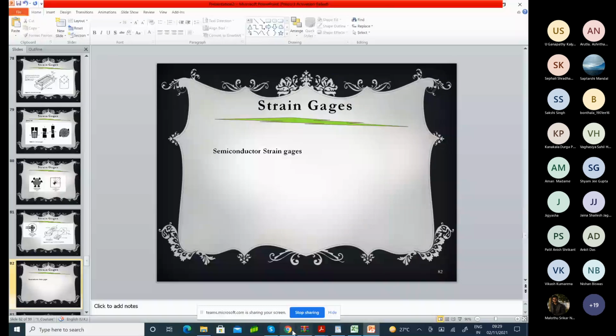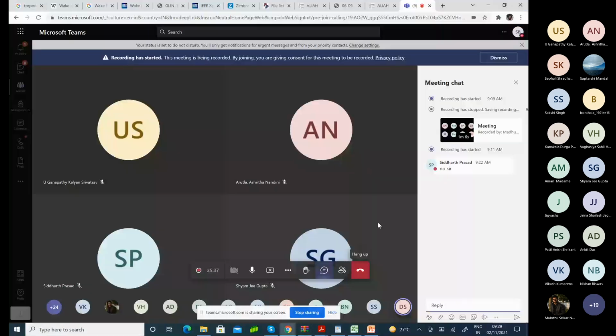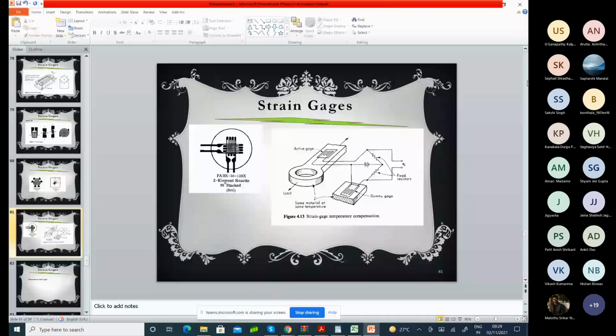So in the dummy strain gauge, what I was telling is that when the temperature of the strain gauge changes, it also changes the resistance, and accordingly you will get the output. So you cannot say this output is due to the temperature change or the change in strain. When you process this output without any compensation, you will get the wrong strain because the change is due to the change in temperature. So you have to adopt some mechanism so that the temperature effect can be nullified. So we use a dummy strain gauge.